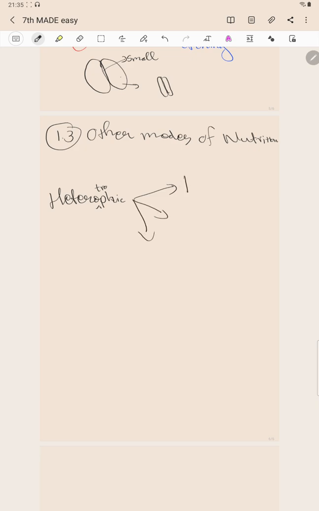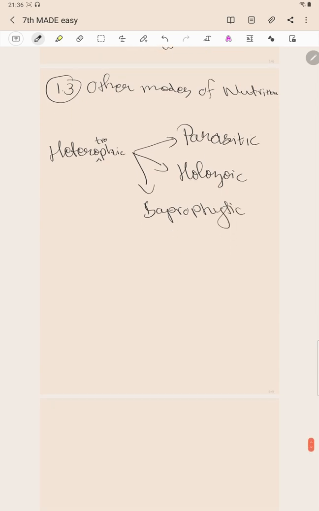It can be parasitic, it can be holozoic, and it can be saprophytic. Okay, now let's see one by one. Heterotrophic nutrition itself means depending on other organisms for their food.